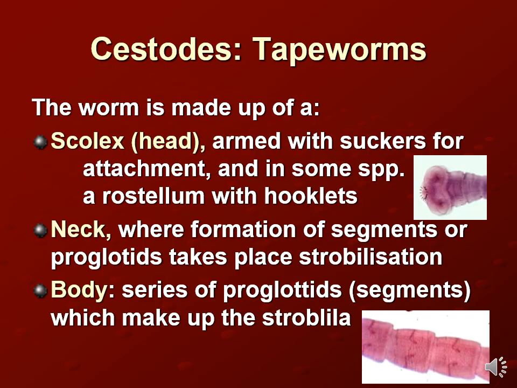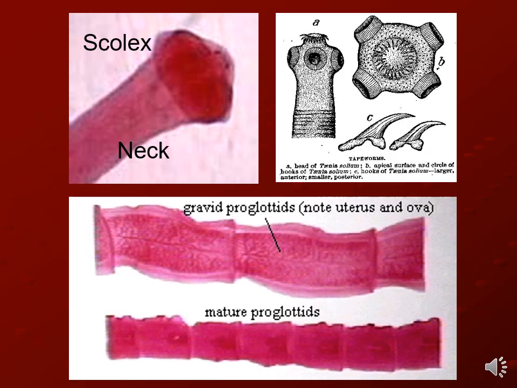And the neck is the area behind the head where formation of new segments or proglottids takes place, a process called strobilization. Now, the body is a series of proglottids or segments that is referred to collectively as the strobila. So the body of a tapeworm is referred to as a strobila.